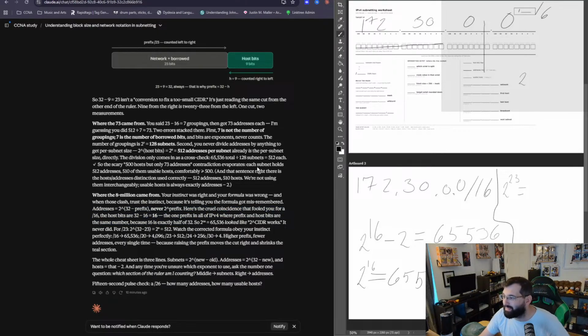No, it is. Don't tell me that, because that's what it is over here. That tells me what the usable addresses are. So here is the cruel coincidence that fooled you. For a /16, the host bits are 32 minus 16, which is 16, and the prefix and host bits are the same number because 16 is the exact same.